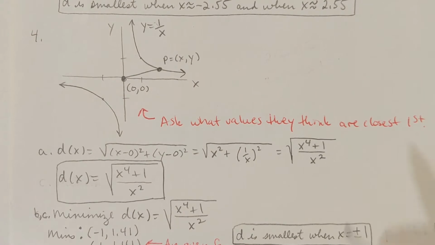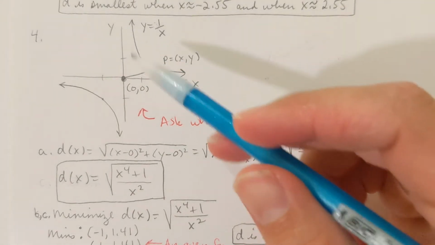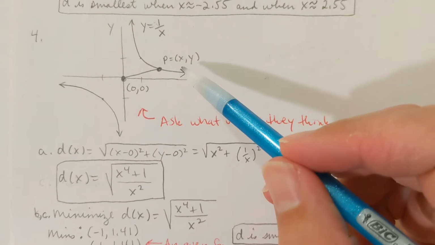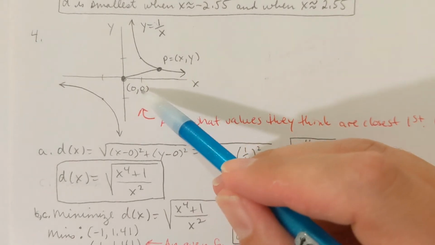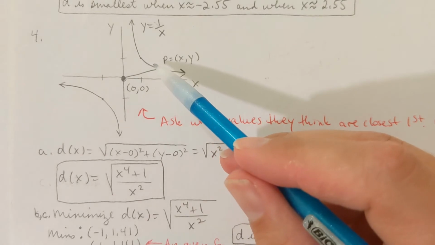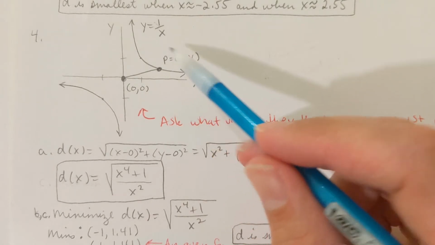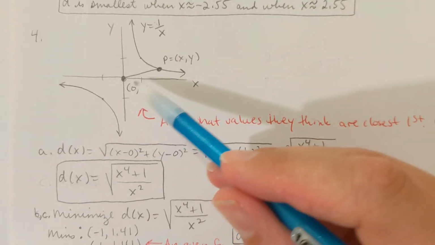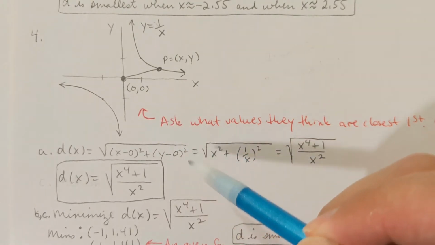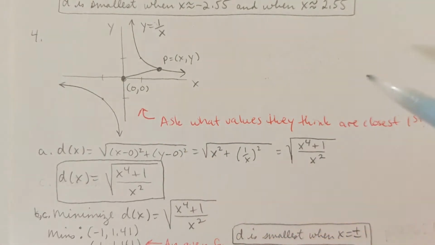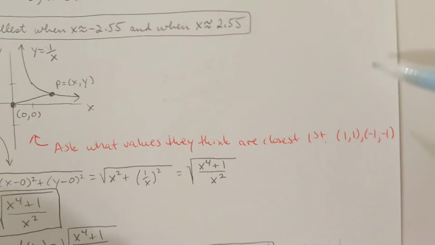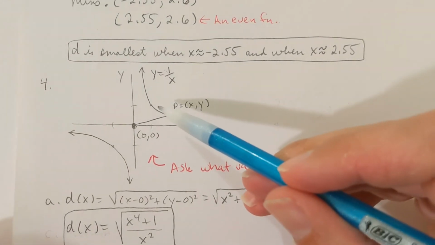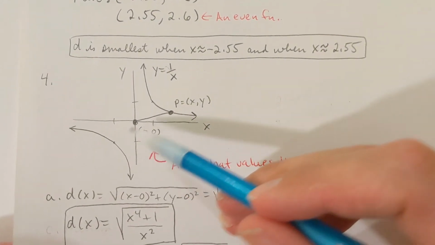So here's a graph of y equals 1 over x, and point P is (x, y). And I'm at (0, 0), and I want to find a point P on the graph of y equals 1 over x that's as close to (0, 0) as I can get. So what values do you think are closest at first? Well, it looks like (1, 1) and (negative 1, negative 1).